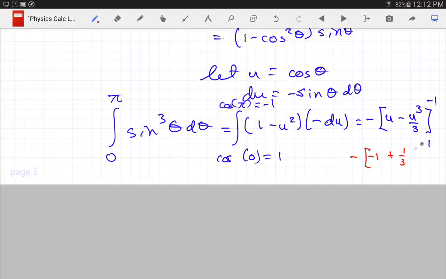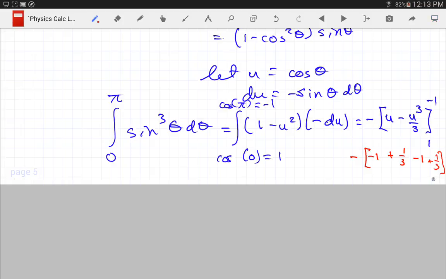And then I have minus, and then this one here, I believe I put all my numbers in right. So that is minus 1 is minus 2.